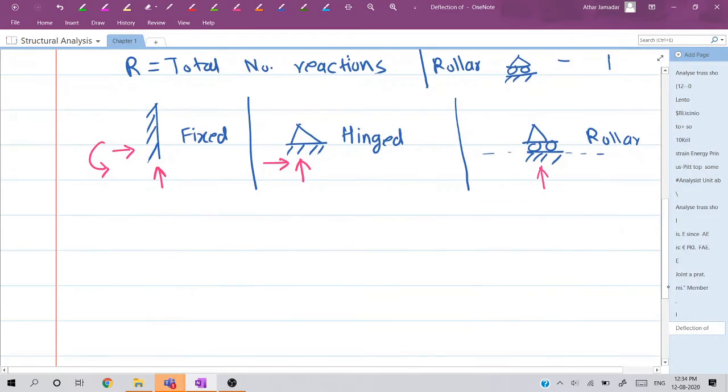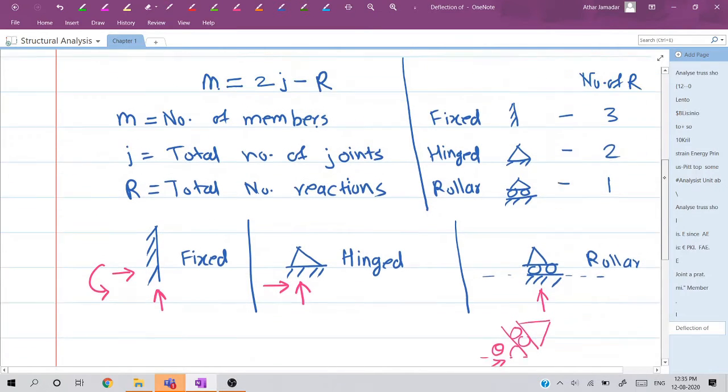For a roller support, the reaction will be perpendicular to the surface. If your roller support makes some angle with the horizontal, the reaction will act perpendicular to that plane of rolling. Remember this.